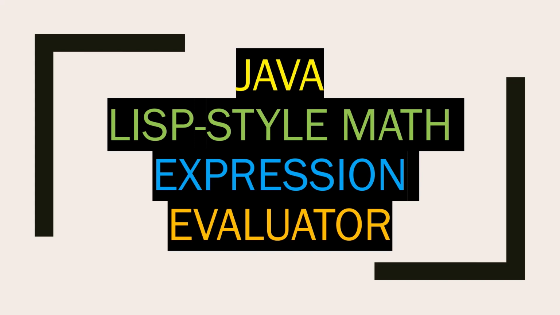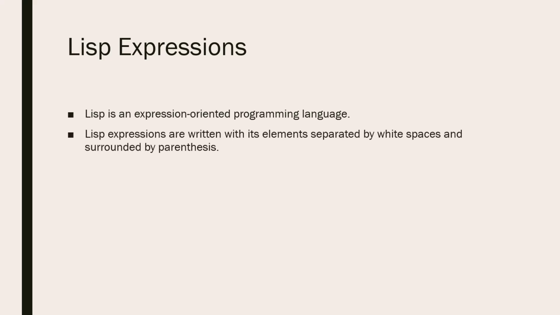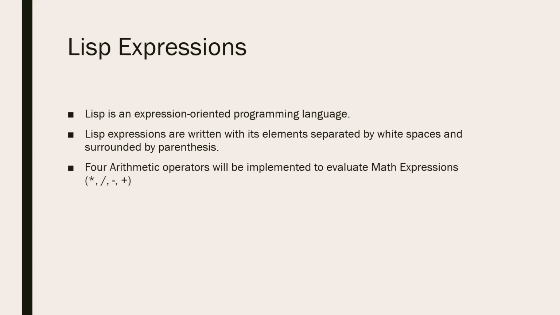Today's program is about evaluation of Lisp style mathematical expressions. Lisp is an expression oriented programming language. Lisp expressions are written with their elements separated by white spaces and surrounded by parentheses.